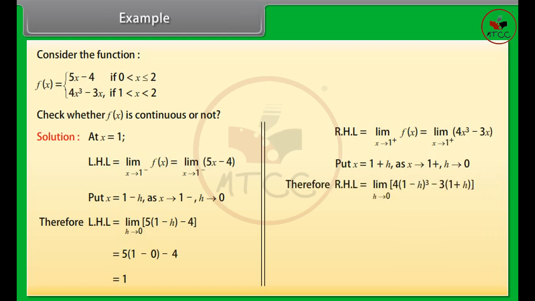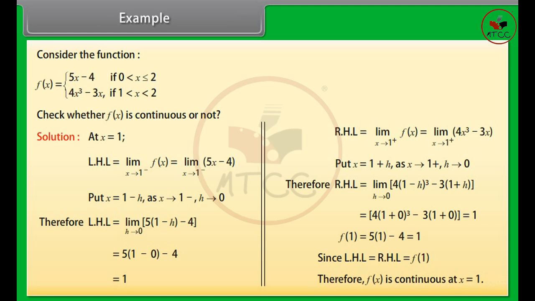Therefore, right-hand limit is equal to limit h approaches 0 of 4 into (1 plus h) cube minus 3 into (1 plus h), which is equal to 4 into (1 plus 0) cube minus 3 into (1 plus 0), which is equal to 1. f(1) is equal to 5 into 1 minus 4, which is equal to 1. Since left-hand limit is equal to right-hand limit is equal to f(1), therefore f(x) is continuous at x equals 1.